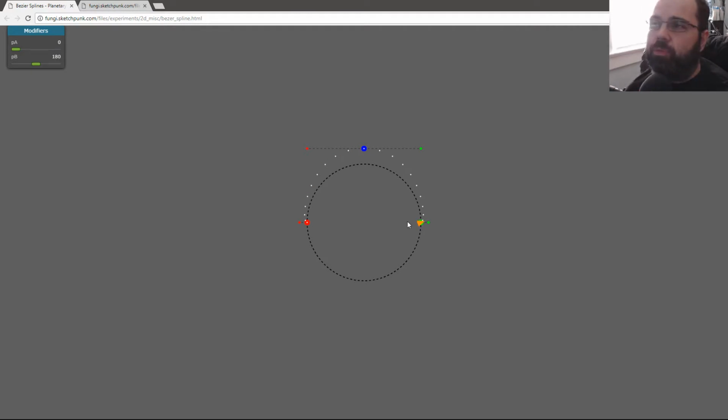So the idea is you can just move these points around, and it recalculates the new distance for each control point. This way I can keep the curvature the way I want it. I can move this around as much as I want.